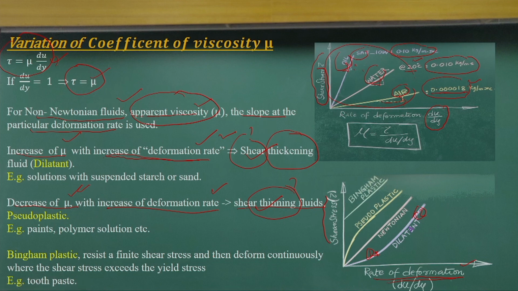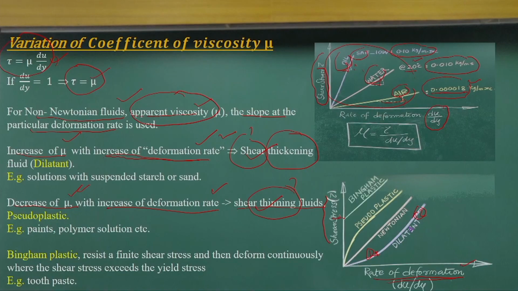There are fluids like toothpaste, as you know: when you apply a force to a toothpaste, initially it doesn't come out. That means it needs a limiting force, a finite shear stress needed. After that the flow starts.